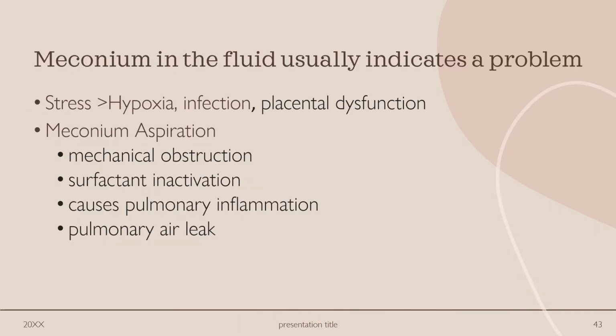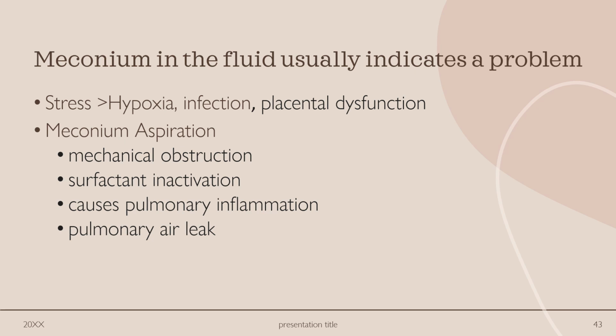So typically, if we're working in the NICU, we'll get called to a meconium delivery. Meconium in the fluid usually indicates a problem with the fetus. It happens due to stress caused by hypoxia or infection or placental dysfunction. And if the baby is stressed enough, gasps in utero, we can get that meconium inhaled into their lungs, and then when they come out and take that breath, it can move further into the lungs, plugging up those airways, so it can cause a mechanical obstruction.